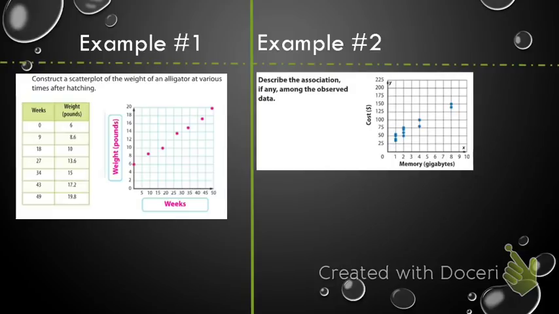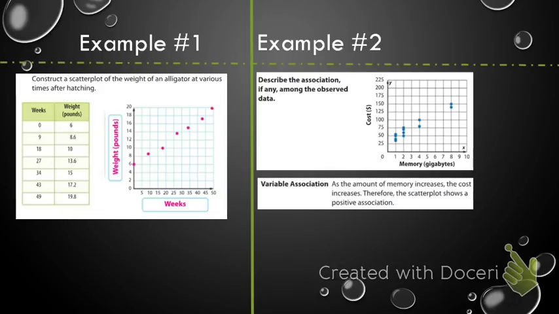Example 2. Here we're just going to describe the association, if any, among the observed data. If you notice, as our X values get bigger, our Y values also get bigger. Here it says as the amount of money increases, the cost increases, therefore the scatter plot shows a positive association.